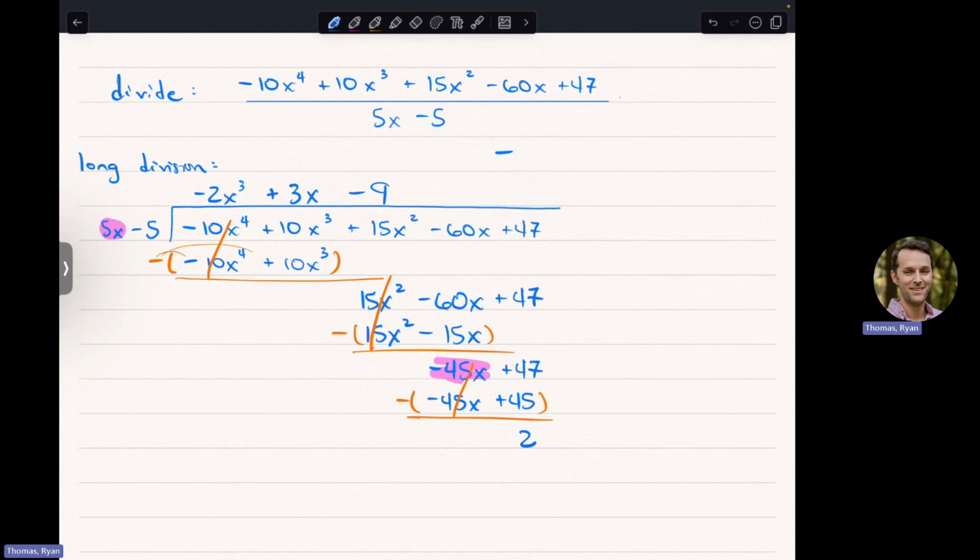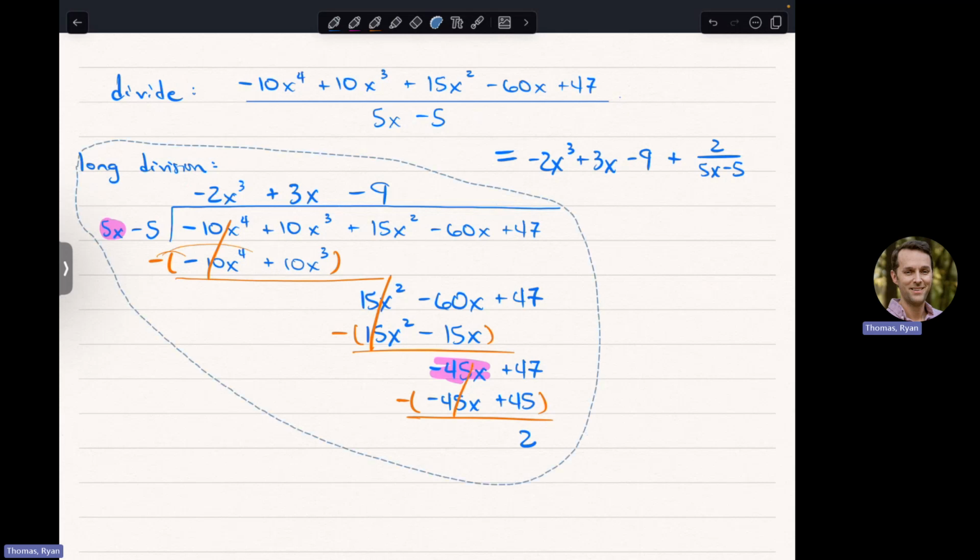So this thing equals negative 2x cubed plus 3x minus 9 plus 2 over 5x minus 5. That's the remainder part. Okay, that's what it looks like by long division.